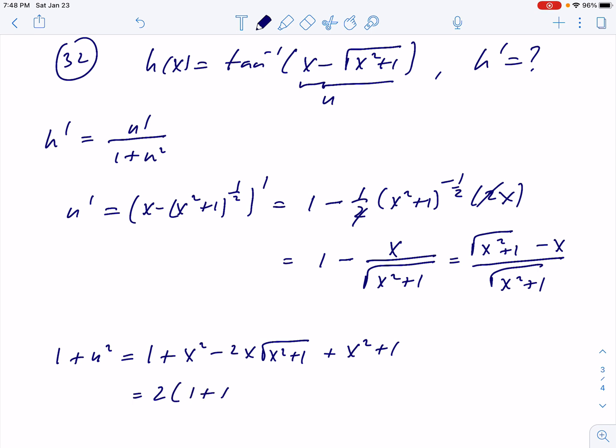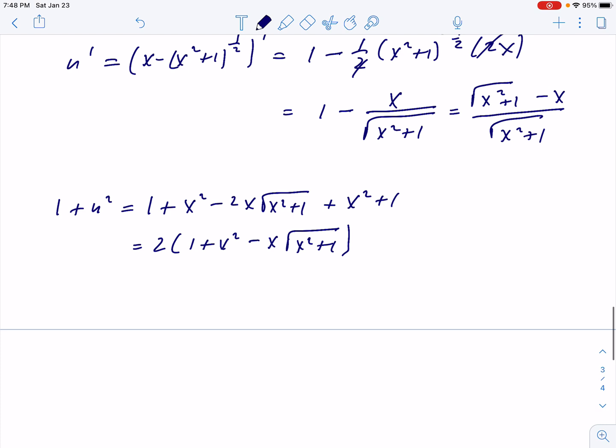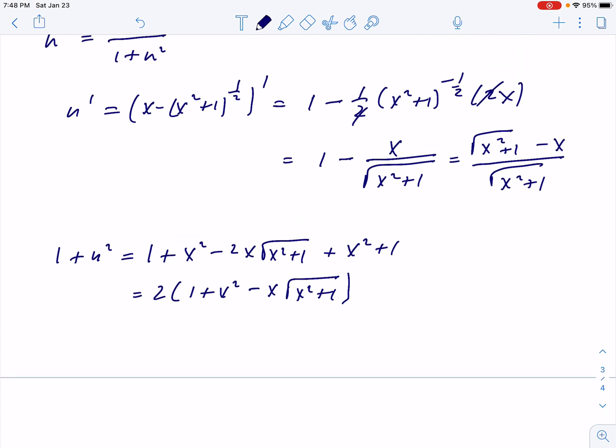1 plus x squared minus x root x squared plus 1, with 2 in front. This will be our denominator. So now we do u prime over 1 plus u squared.